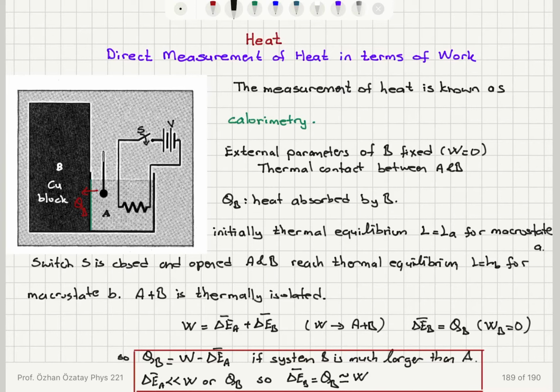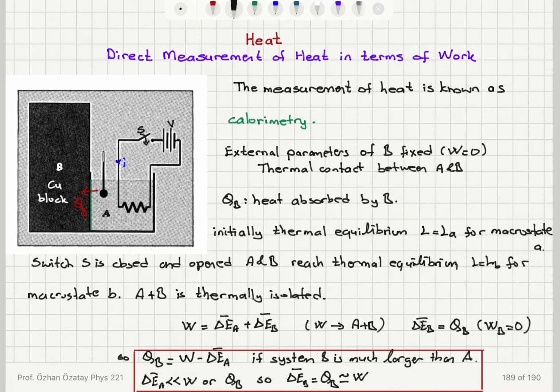When we form a contact with the switch and the circuit, the electromotive force will create a current that flows through the circuit. There will be a DC current flowing I for an amount of time delta t, that's the period where the switch is closed.